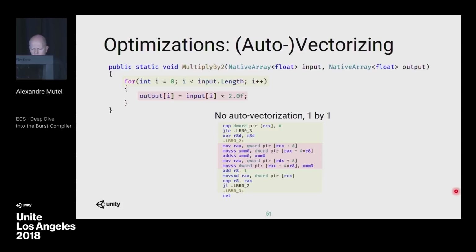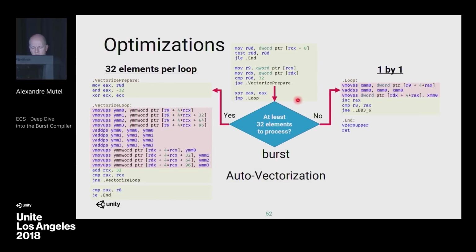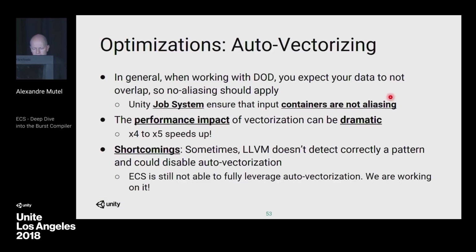And the code that is generated is like this. When it's not auto-vectorized, it's very scalar code. But when it's auto-vectorized, it's going through 32 elements per loop in a single loop, and then it's going to try to handle the remaining elements. So the performance of auto-vectorizing can be dramatic for your game, for your application.